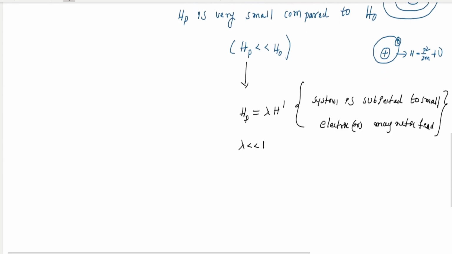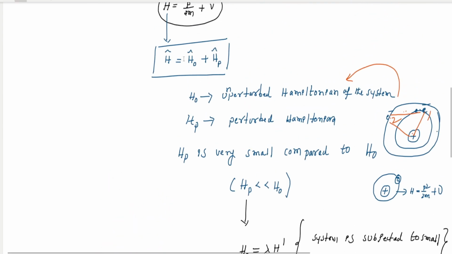So here we got a new Hamiltonian, H, which initially we defined as H naught plus Hp. In case any perturbation happens, this is the deviation. Like I said initially, this type of electron-electron interaction we are not considering in the initial stages.